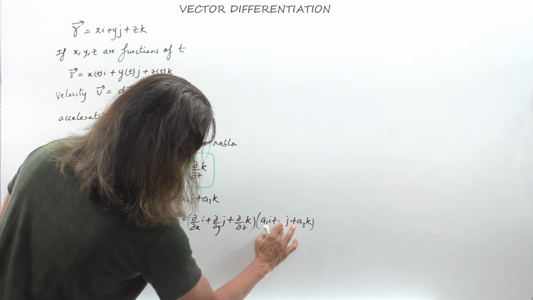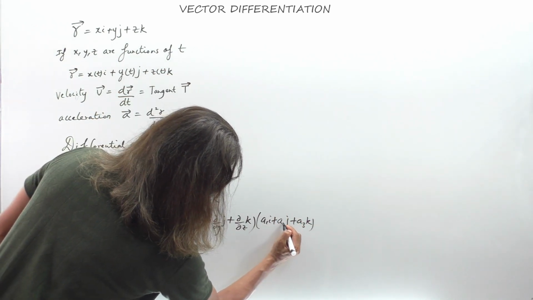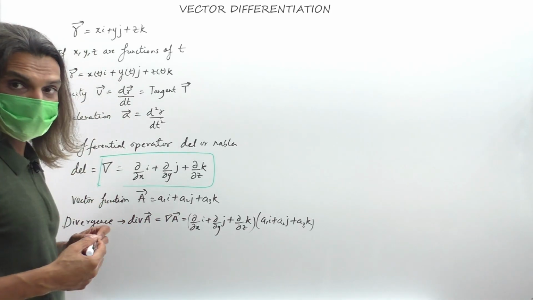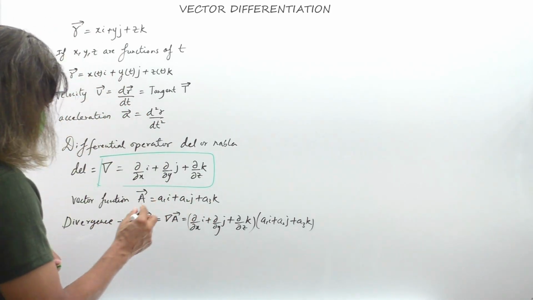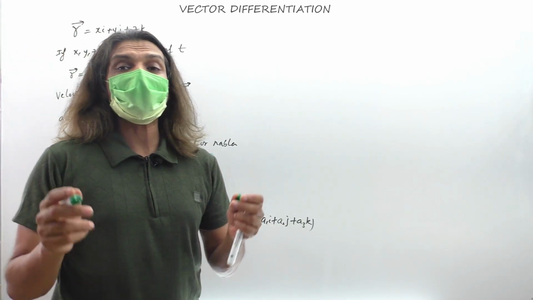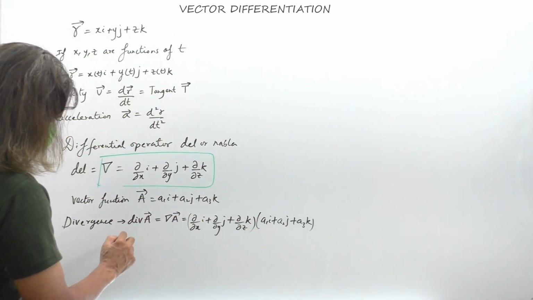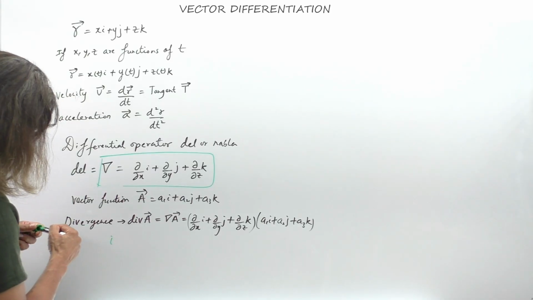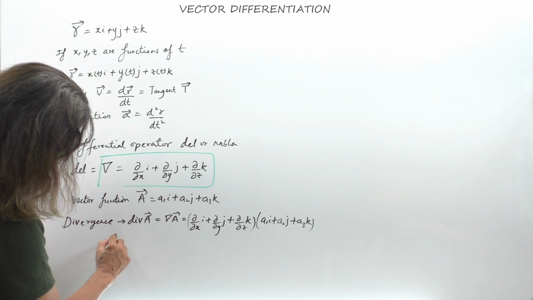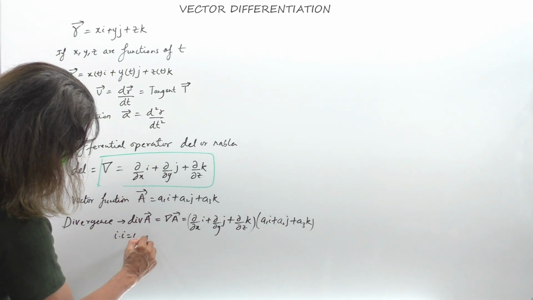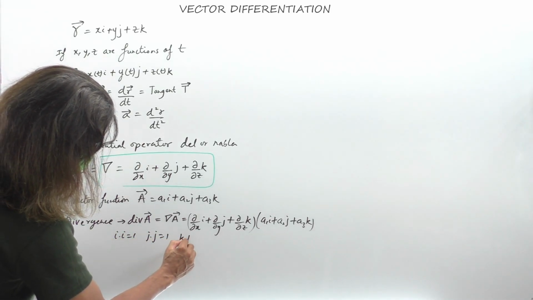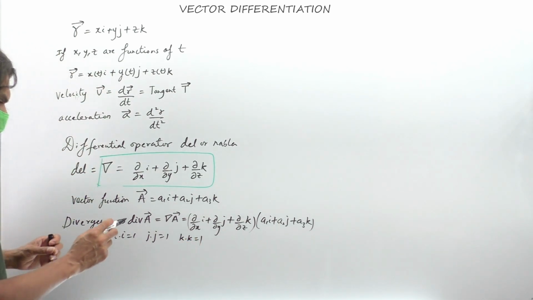Now here a very important point. See, always in these vectors, what happens is, I dot I is 1, j dot j is 1 and k dot k is 1. Okay, I write down here best. I into I is equal to 1, j into j is equal to 1, also k into k is equal to 1. So enough.